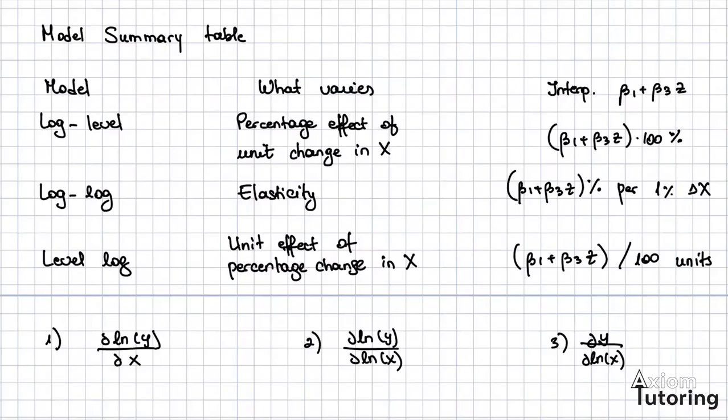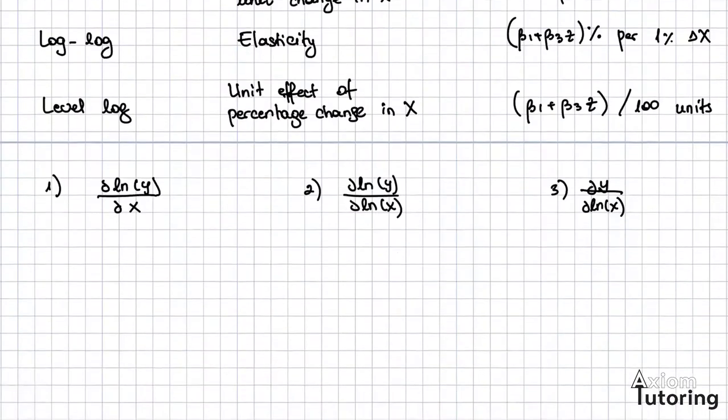A common thread that you can see through all of these models is that in every case that we saw worked examples on, beta 1 is the effect when z is equal to 0.